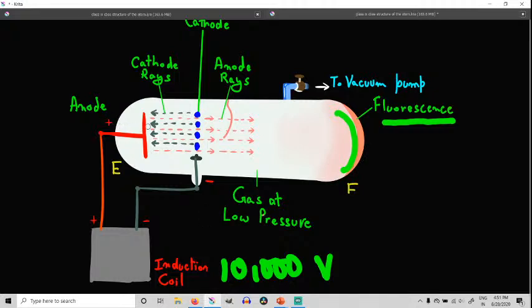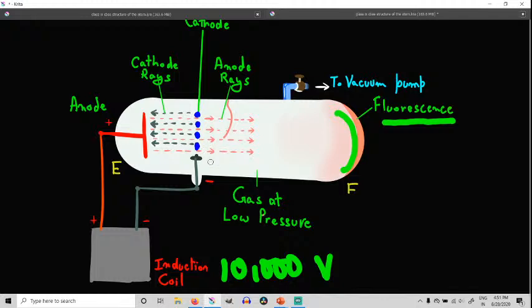They are coming from the anode and moving towards the cathode, and then they pass through these holes and strike the glass wall of the discharge tube at the back of the cathode. This proves that they are carrying positive charge, because they are attracted from which side to which side? From the positive side to the negative side, and we know that opposite charges always attract, right?